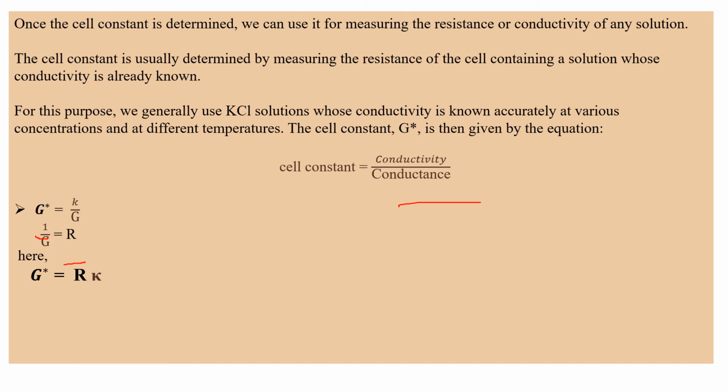Inverse of resistance is conductance, inverse of conductance is resistance. So the cell constant G star will be equal to resistance into conductivity, R into kappa.